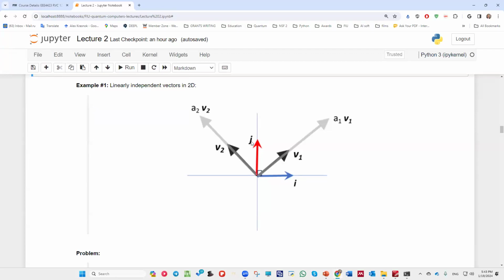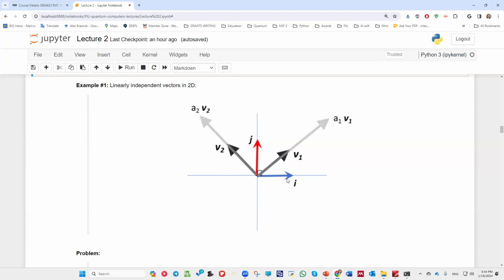The geometrical meaning of this is very simple, right? So linearly independent vectors are simply orthogonal vectors. So for example, in this coordinate system x and y, the x is horizontal, y is vertical, right?